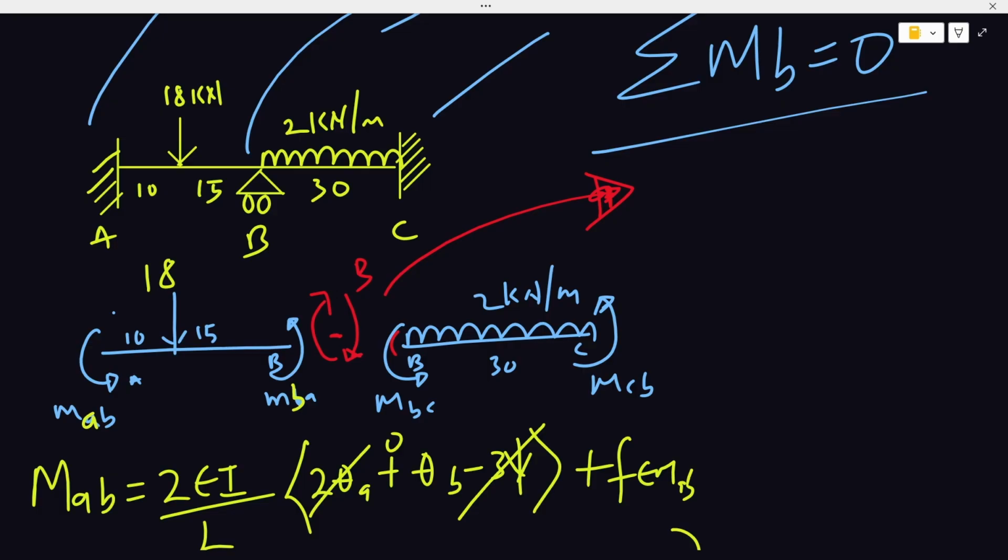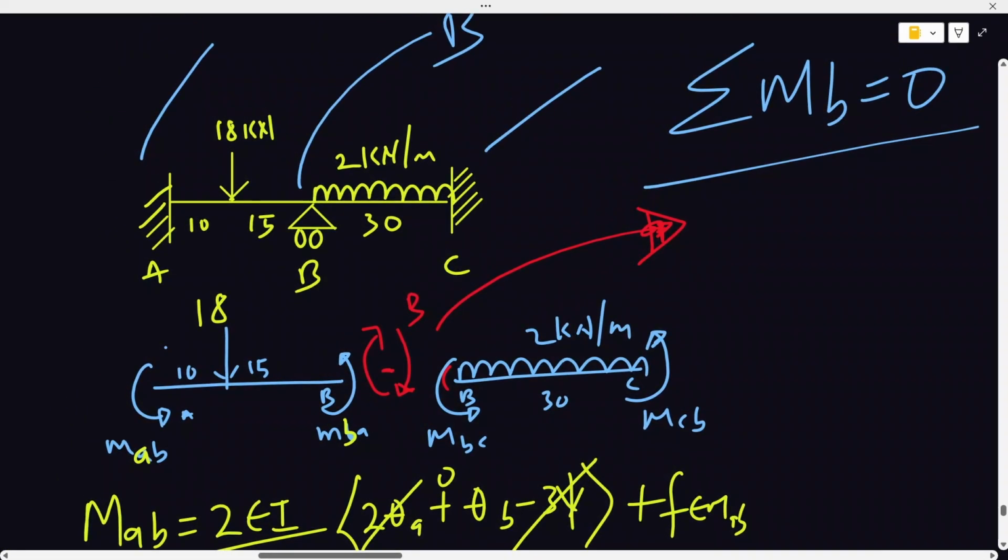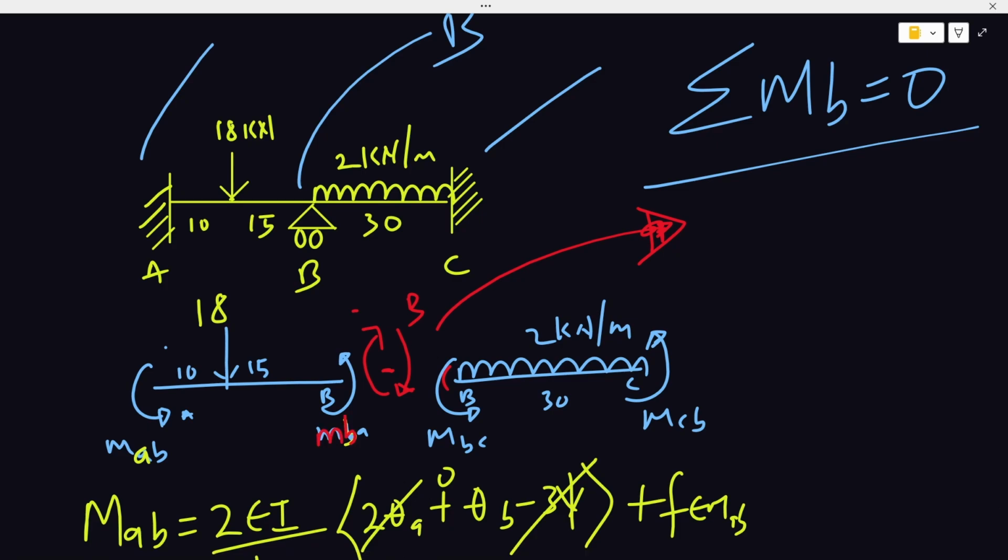The way I like to think of all these summations of moments is that the summation of anti-clockwise moments is equal to the summation of clockwise moments. Let me name it first. If this is MBA, it means that this one too would be MBA.